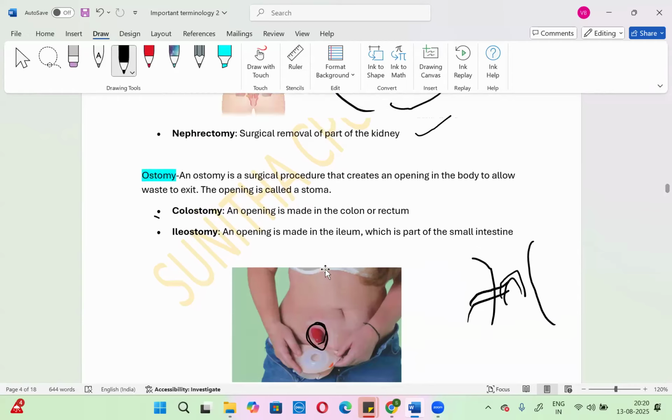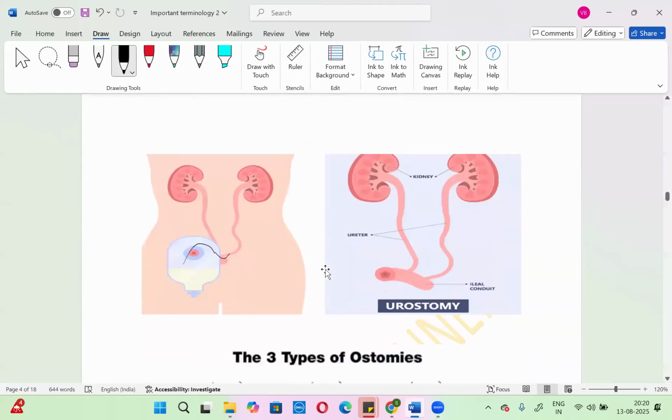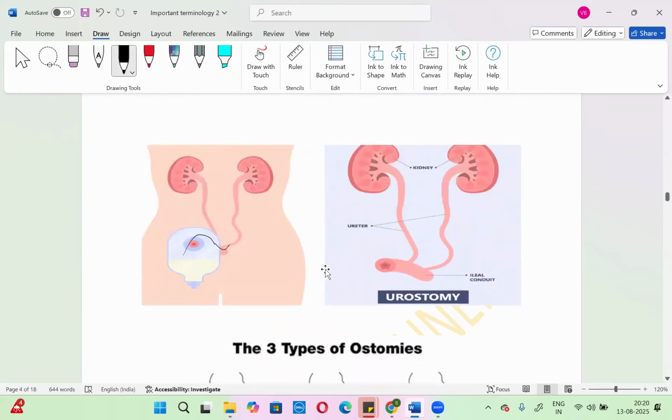Where can we see it? Colostomy, ileostomy. An opening is created in the colon, ileum. Okay. Ostomy means what? Opening. Here also you can see urostomy. The urine is passed from inside to outside of the body. Why? Because some problem is there in the ureter.